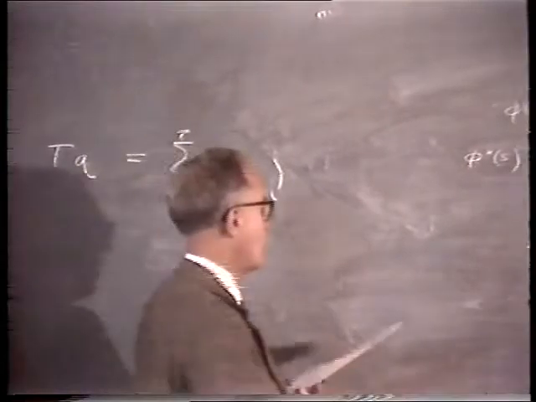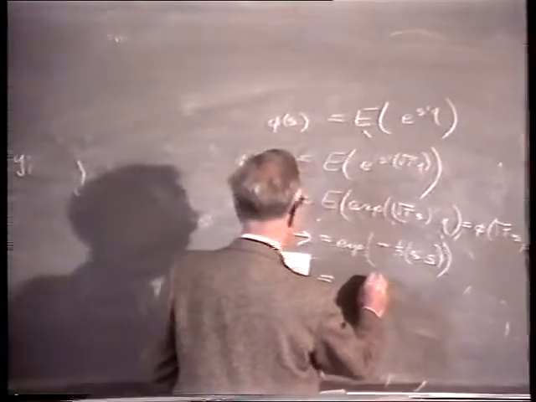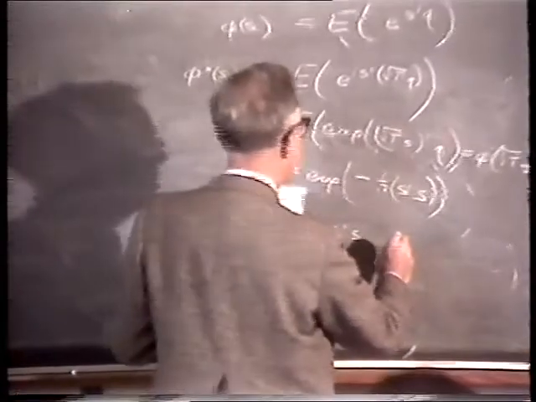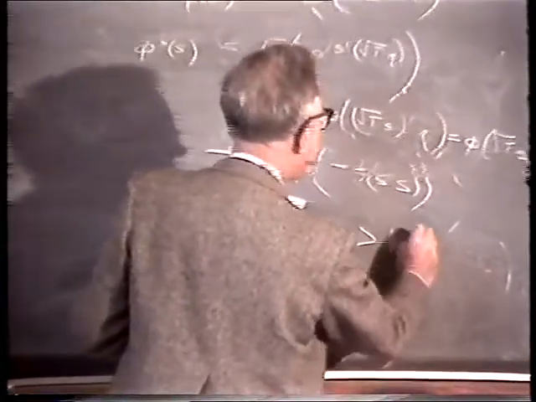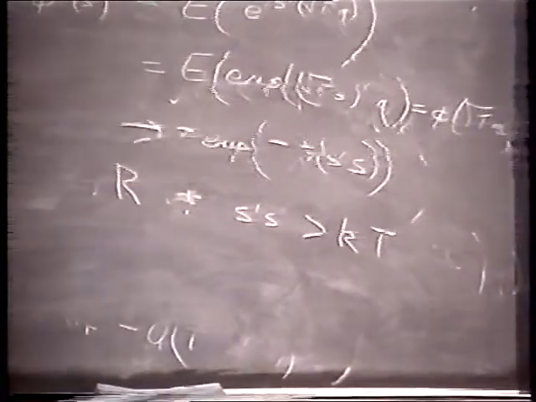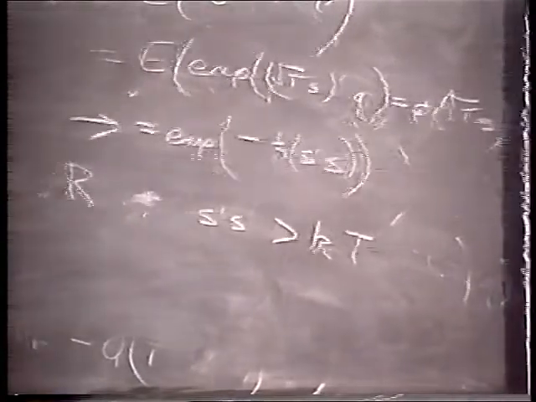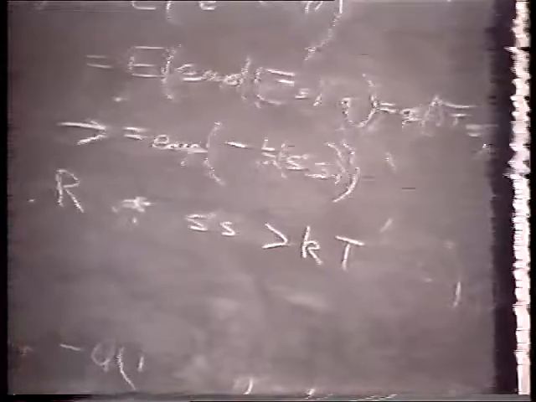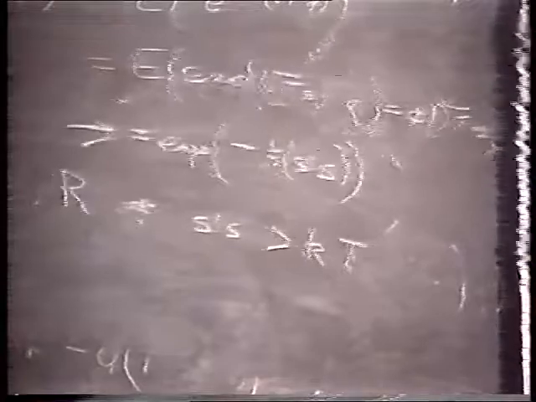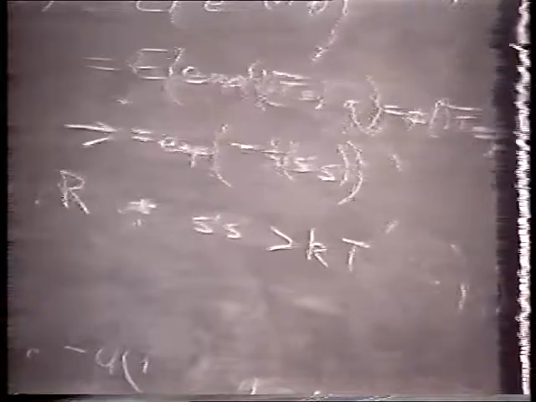Durbin looked at the region R, which is s prime s, which is just the exterior of a closed ball surrounding the origin, hypersphere surrounding the origin of radius square root of kt. So expanding with t to the half as t goes to infinity.